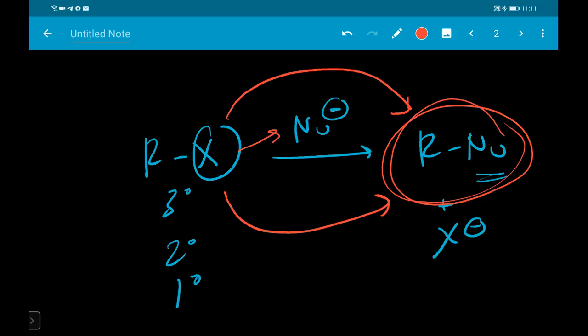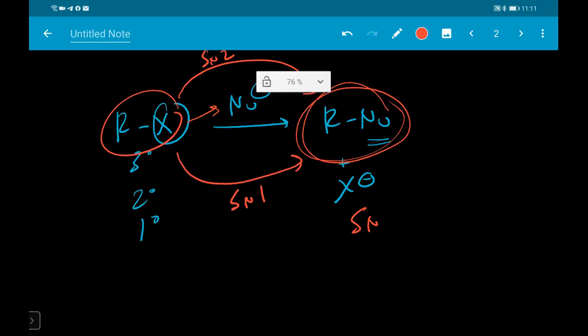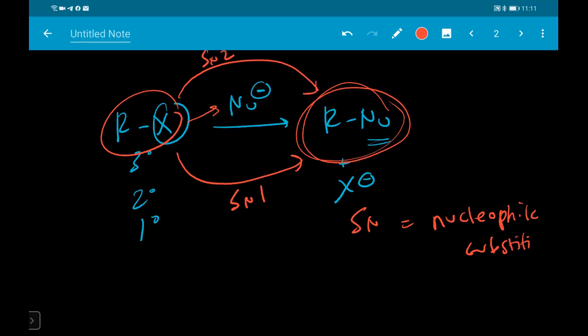In order to convert the RX into the substitution product, there are two routes. Alright? So this route is known as SN2 dengan SN1. SN refers to nucleophilic substitution.